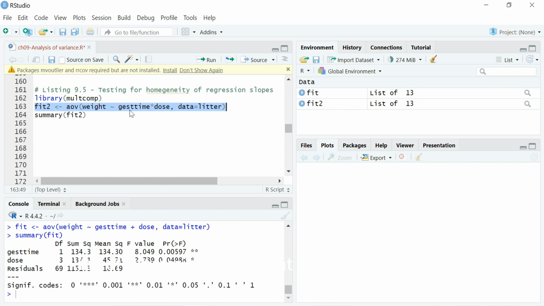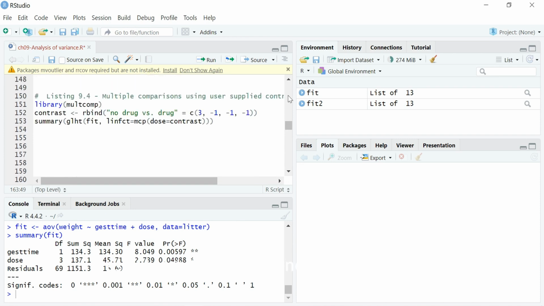If you check the aov function in detail, this exactly includes three parts. The first part and the second part are the same as the last time we did the ANOVA.